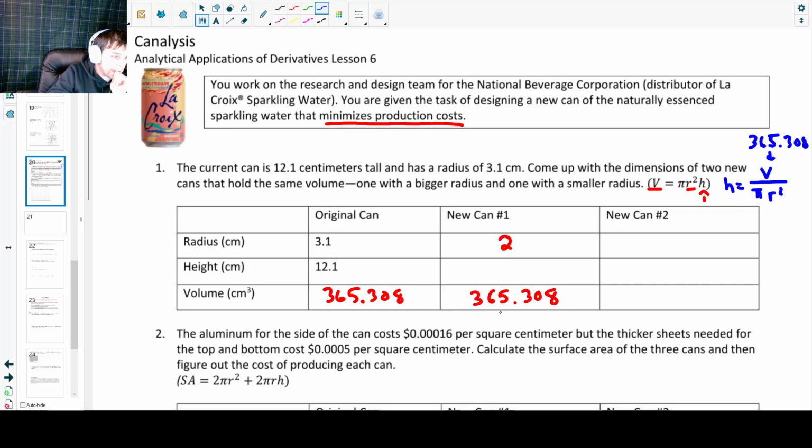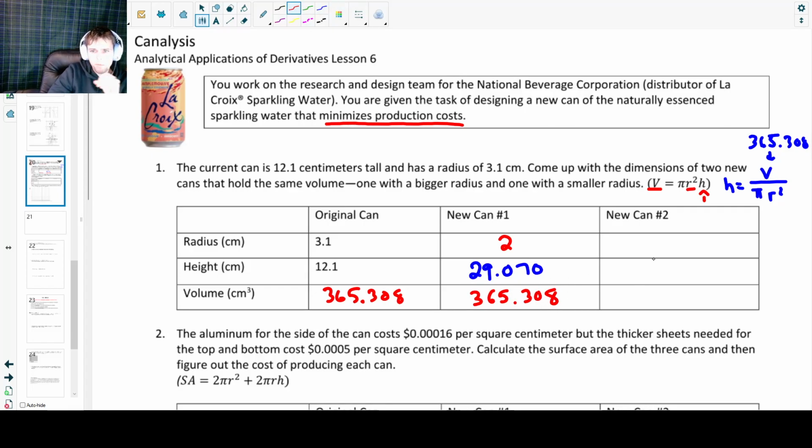In this case, my height is going to be 29.070. I went ahead and went that out to 3 decimal places. So it makes sense that with a smaller radius, we have to have a bigger height. This was a little bigger than I expected, but so be it.